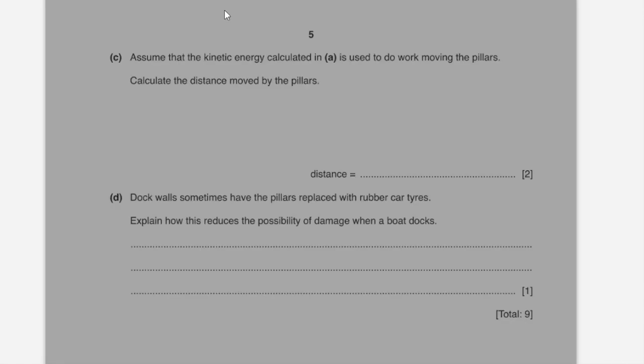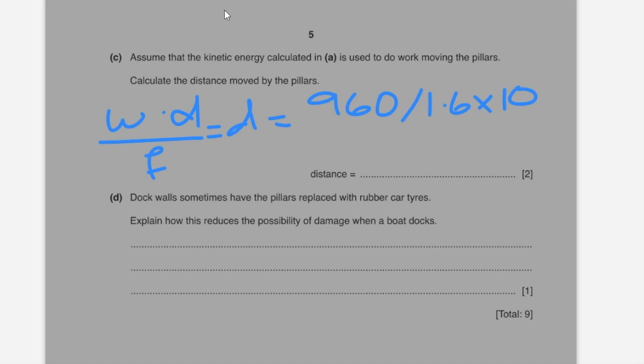So we have the working as work done divided by force is equal to distance. So work done is also equal to energy transferred, which in the previous parts is 960, divided by the force, the answer which we got in the last part.